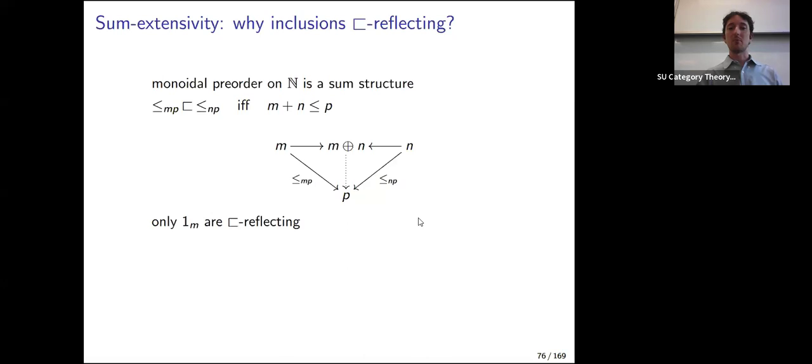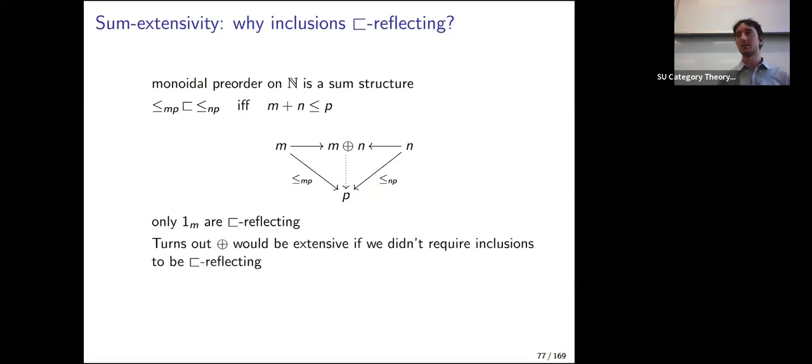Okay, and it turns out that only the identity morphisms here are C-reflecting. So that's a very strong condition for this category. Because so few things satisfy the condition of being C-reflecting, this thing turns out to be sum extensive, almost trivially. Well, it would be sum extensive if we didn't require that inclusions are C-reflecting.